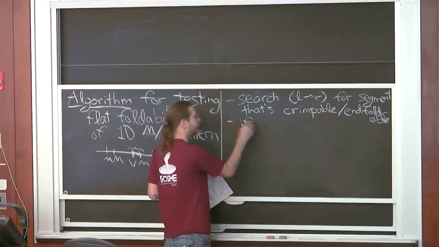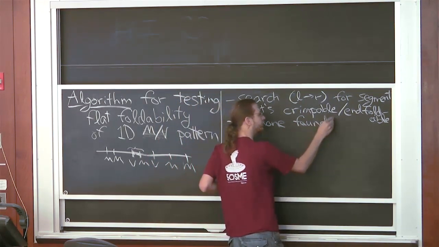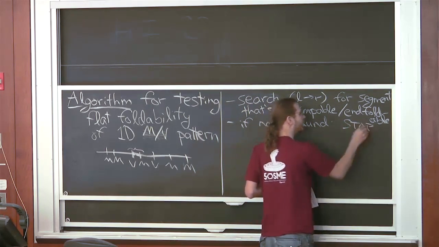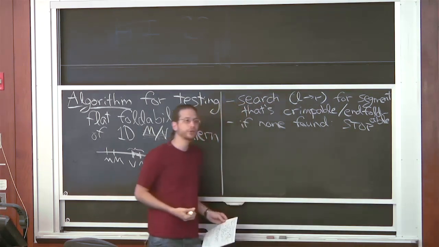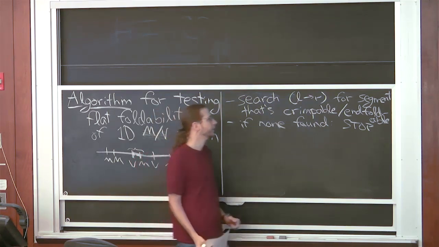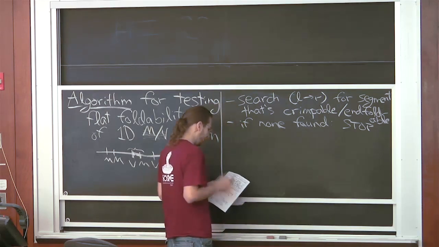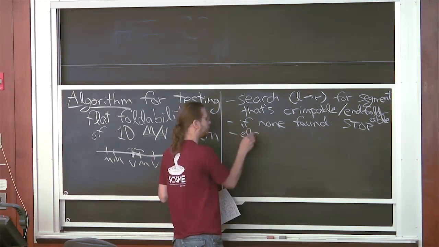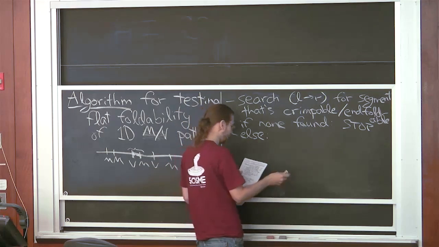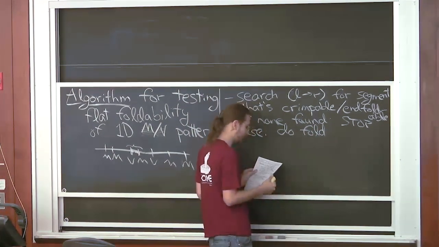There are two situations. If I don't find any operations to do, then we stop. And if there are any creases left, we know that the resulting thing is not flat foldable from what we proved in lecture 2. If there's no crimp or n-fold, you're not flat foldable. But if you do find something, then do the fold. This is so far pretty obvious.